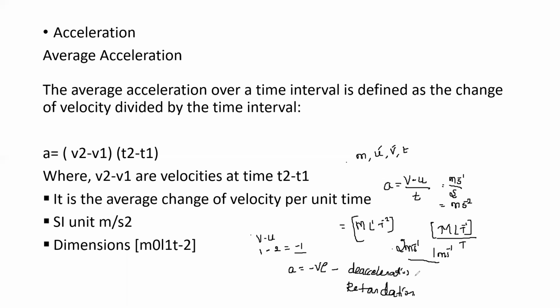The expression for average acceleration is a equals v2 minus v1 divided by t2 minus t1, where v1, v2 are the velocities and t1, t2 are the times. Okay, so this is regarding the acceleration concept.